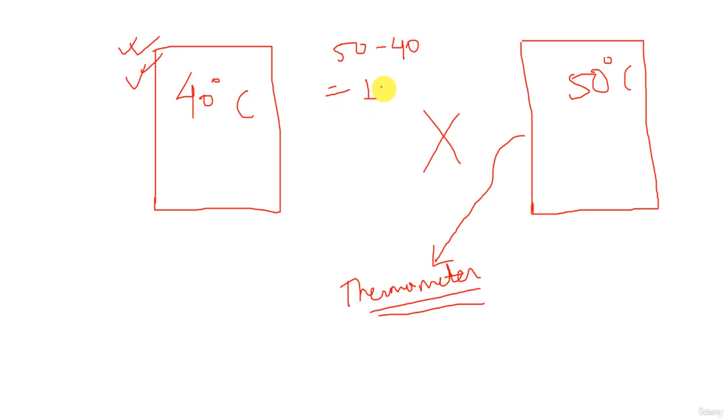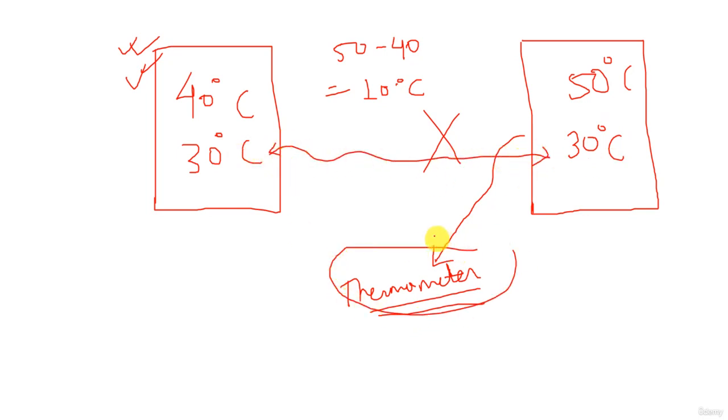This is an error. Similarly, say our temperature was 30 degrees centigrade and the thermometer measured 30 degrees centigrade, the same temperature. Now you can see this data collected by the thermometer is accurate, because the true value and the measured value are the same.